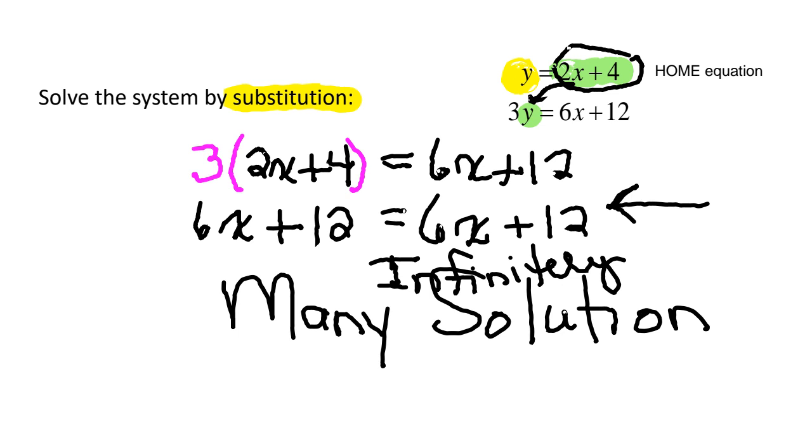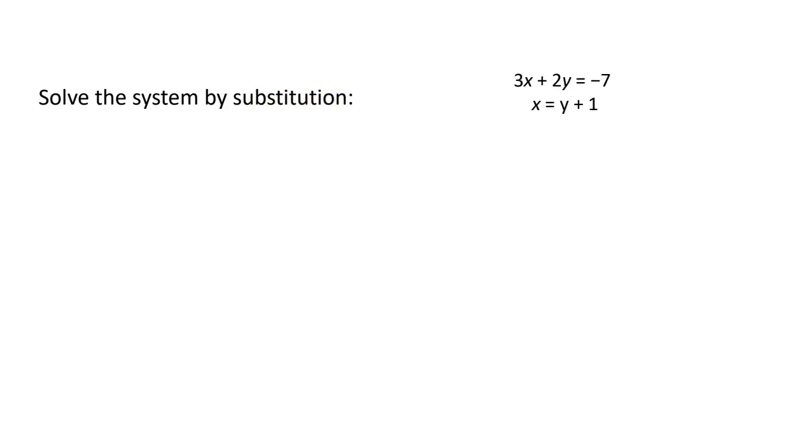Well, let's look at this one. Let's get a little different here. Okay, now, the first equation says, because I'm solving by substitution, 3x plus 2y equals negative 7.